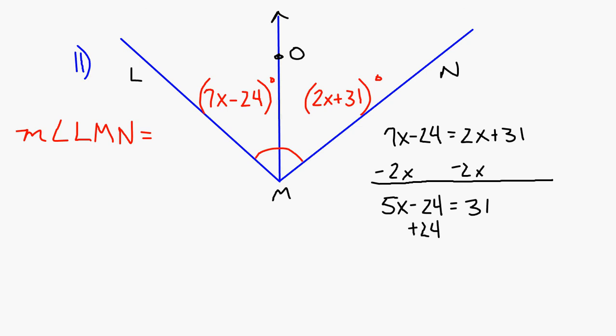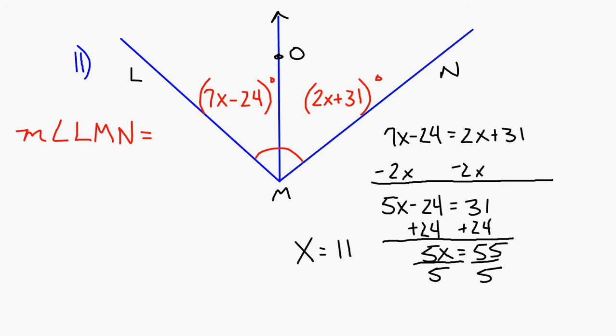Add 24 to each side. 5x equals 55. Divide both sides by 5. X is equal to 11.